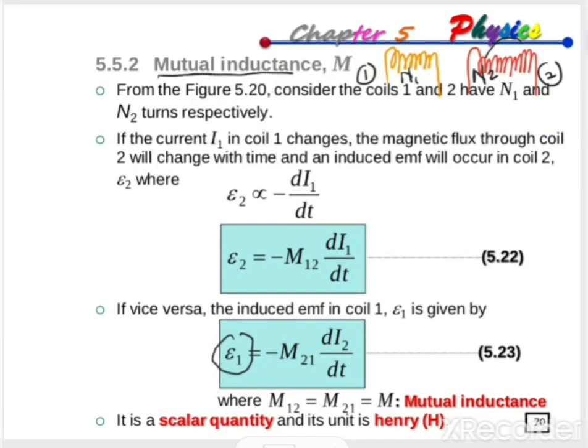Mutual inductance M. Consider we have coil 1 with number of turns N1 and coil 2 with number of turns N2.